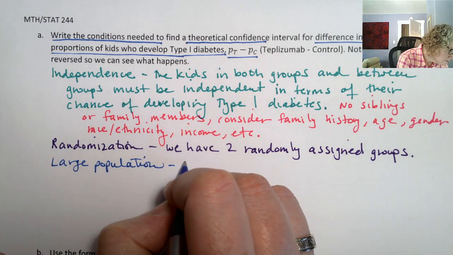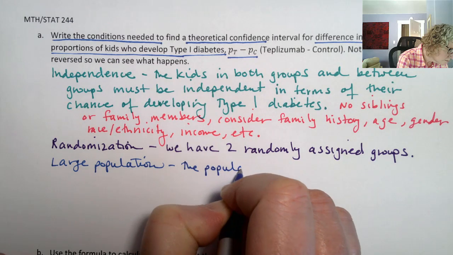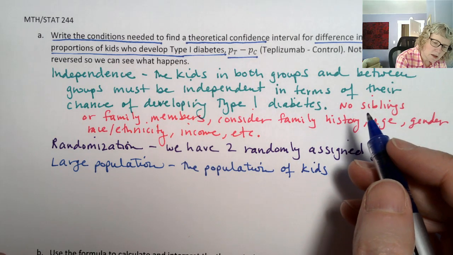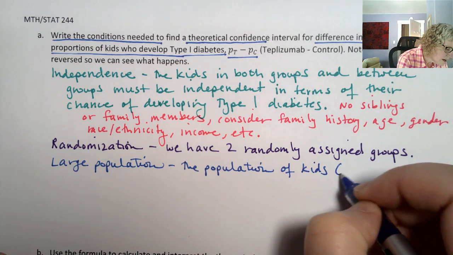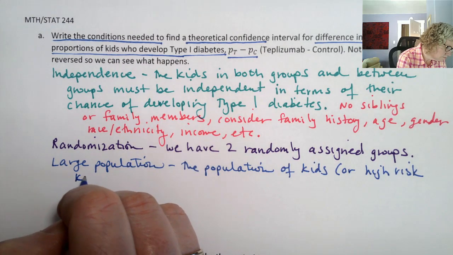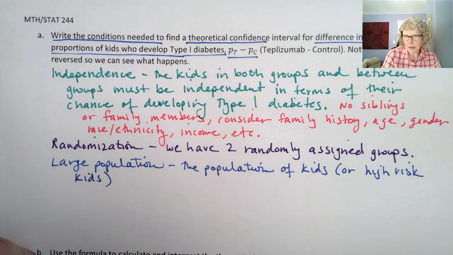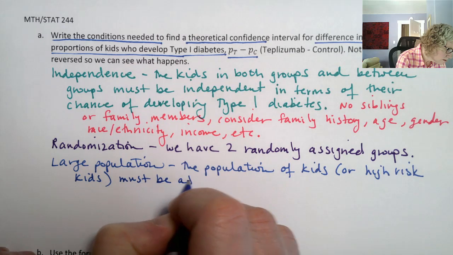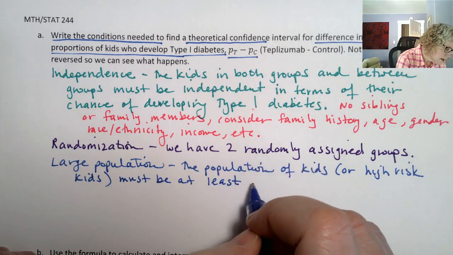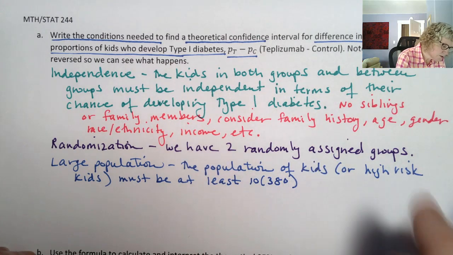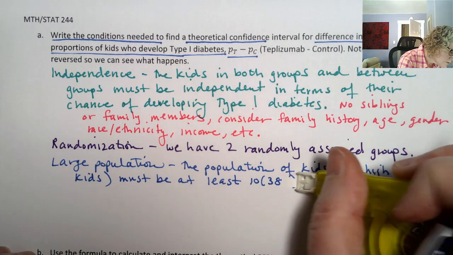The population of kids, or we might want to say high risk kids, at risk of developing this disease, which is what they're studying, must be at least 10 times 38, which is 380.